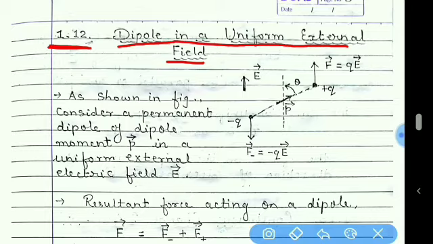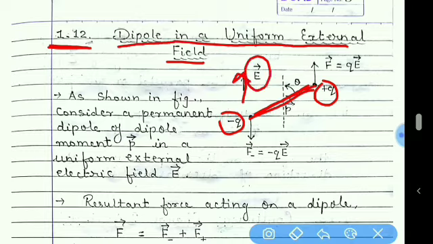Now you can see here a dipole is there, a negative charge, a positive charge, and this is the distance between them. Here this dipole is kept in a uniform electric field, and that is shown by this arrow. So this whole dipole is in an electric field E.